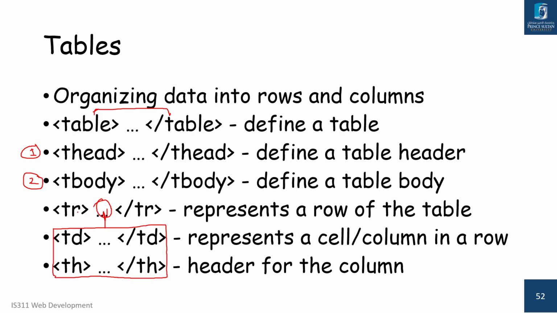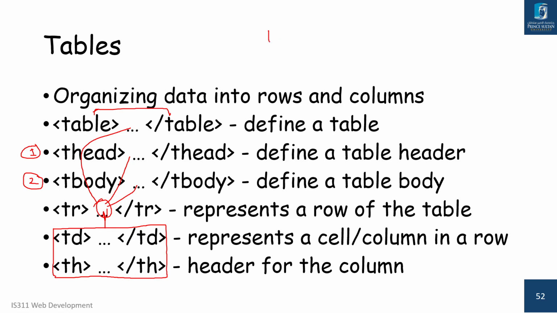So the row is inside the body, or inside the head, or inside the table. But inside the row, we always have TD and TH. So this is the structure.